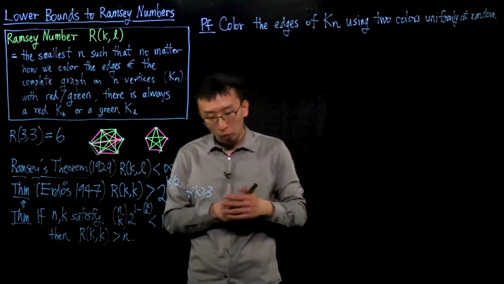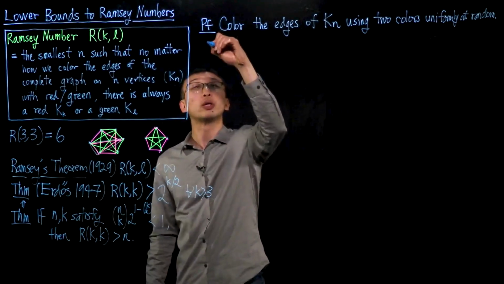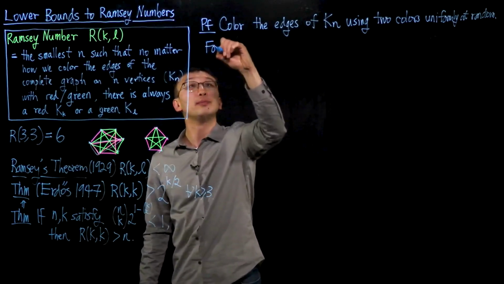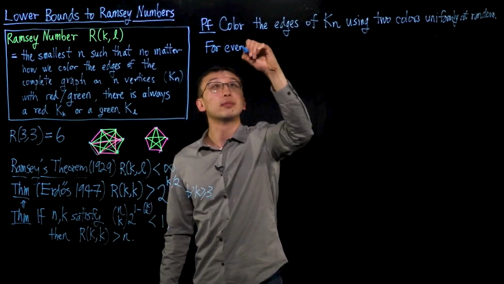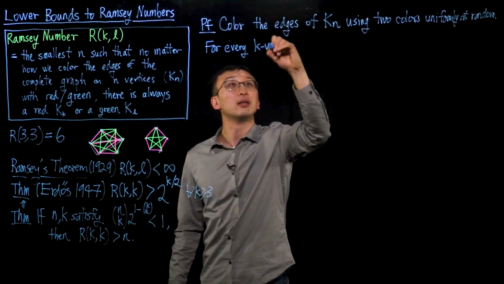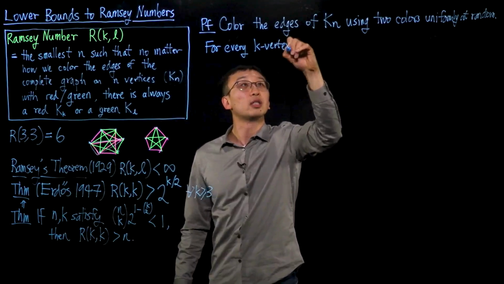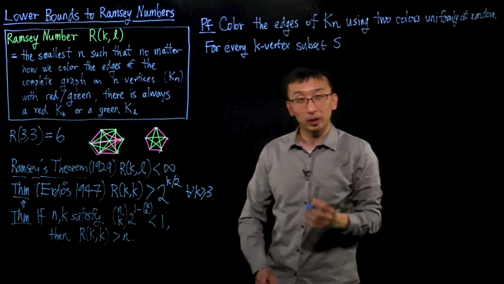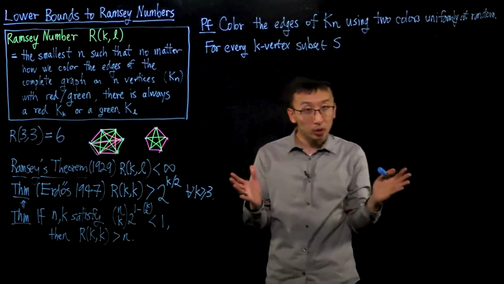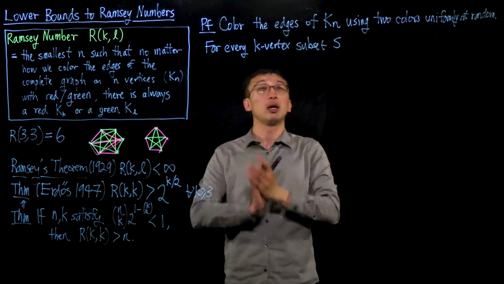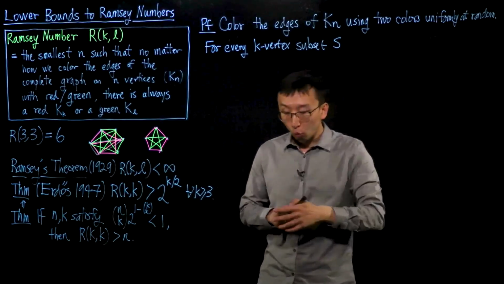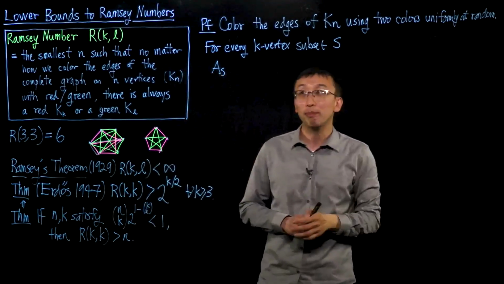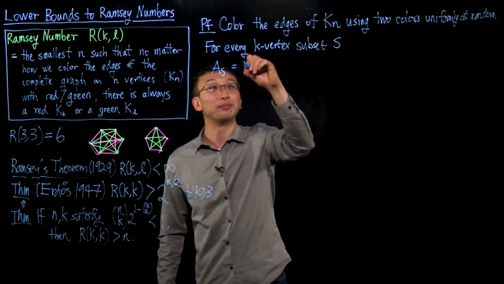So there are things that we want to avoid. And let us encode these bad events as follows. For every k vertex subset S of vertices, there are n vertices in total. So for every k vertex subset S, we'll use A sub S to denote the following bad event that we're trying to avoid.